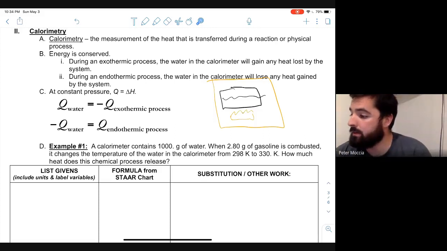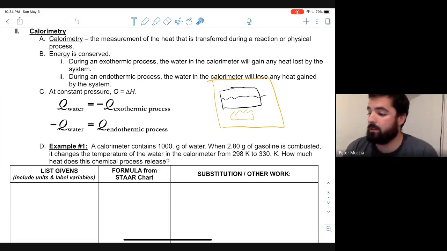Okay. And then another type of calorimetry would be if I had some sort of metal.